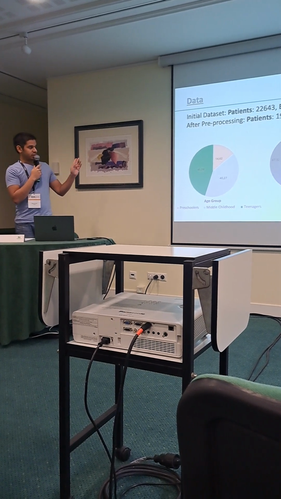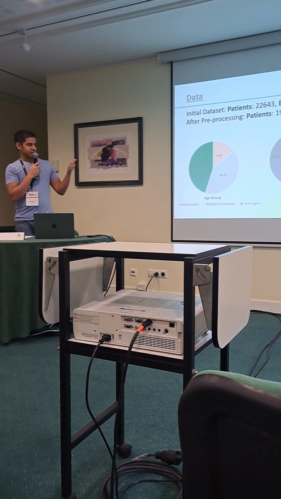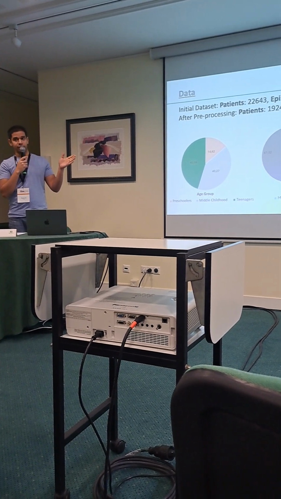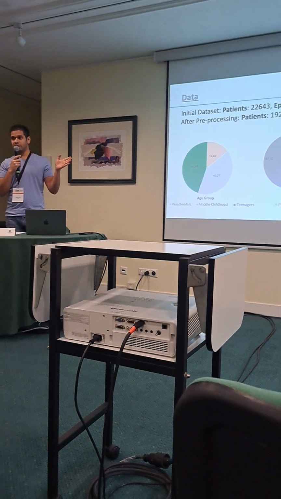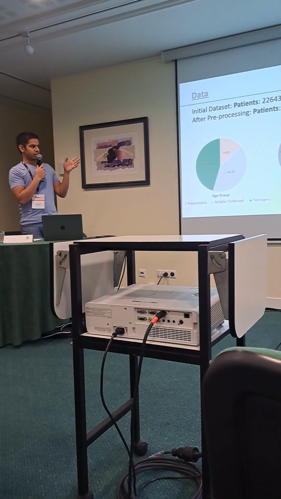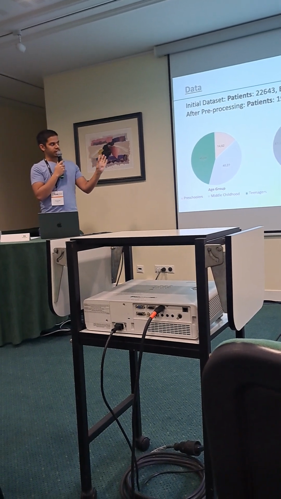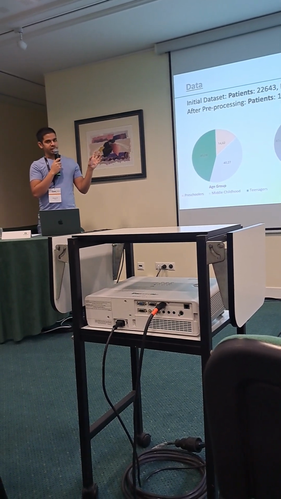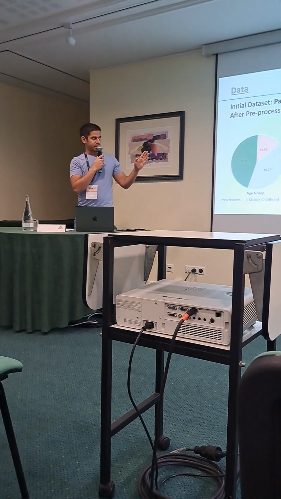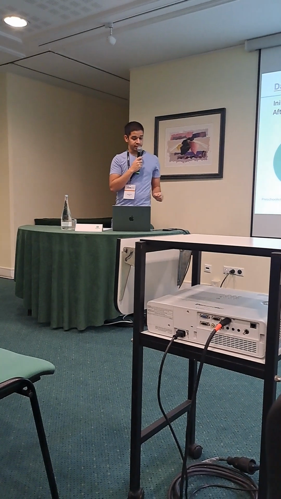And there are three criteria: the age group, the gender, and the presence of ADHD, which is the F90 ICD code, a mental health disorder, the hyperactivity disorder. Based on these three criteria, we grouped patients into similar groups, and this is the distribution of patients based on these three criteria.